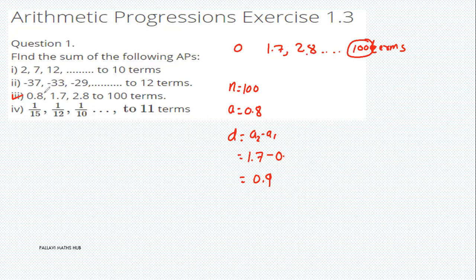Make this one as 0.6. The value of A is 0.6. Here also 0.6. Now the value of D is 1.7 minus 0.6 is 1.1.